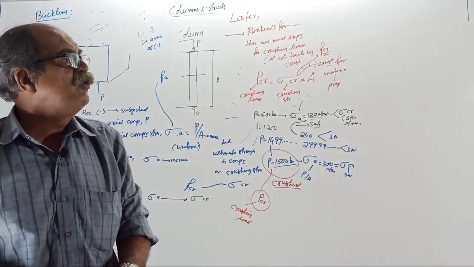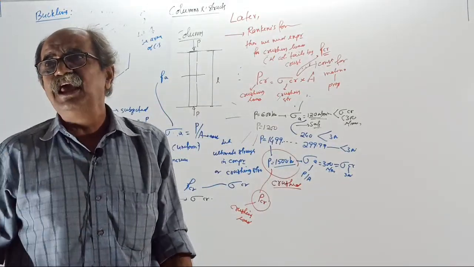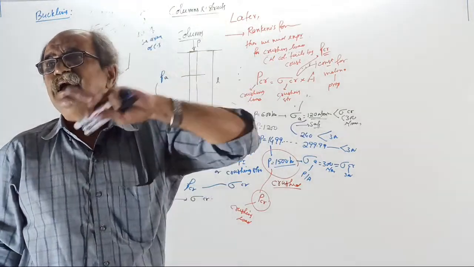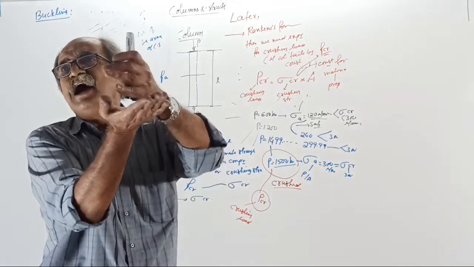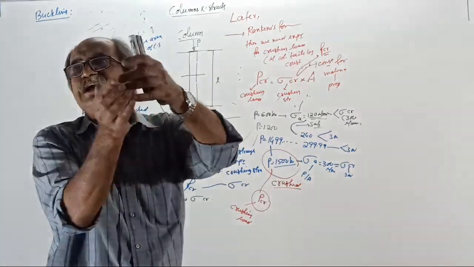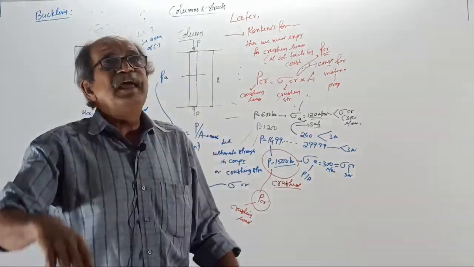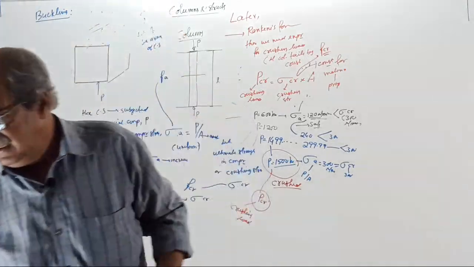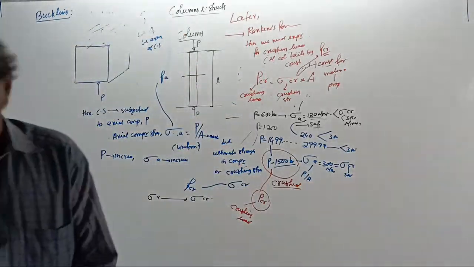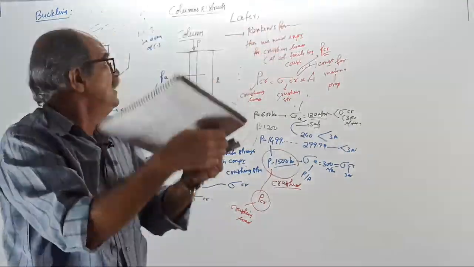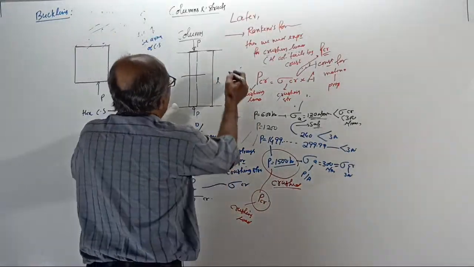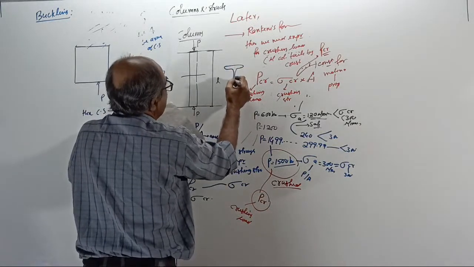Sorry, I don't call it that, because in IS code for steel, buckling is separate and crippling is separate. Crippling is a local failure at the junction of web and flange. It will get crushed there. Buckling is overall web buckling. In IS code later, in an I section, the web will buckle. This is the I section.